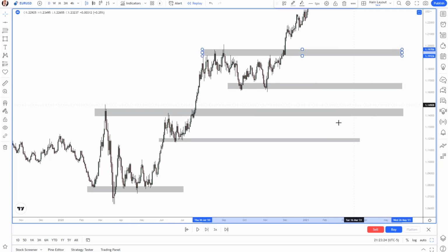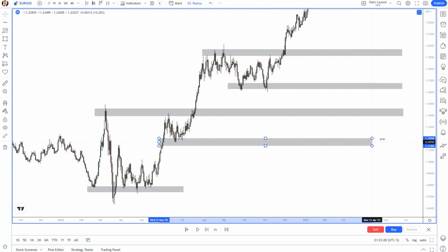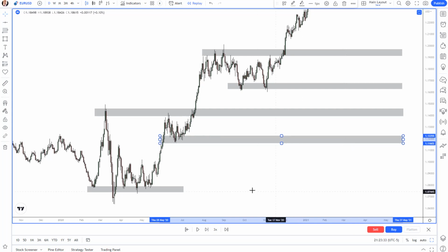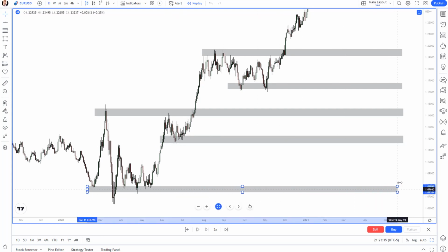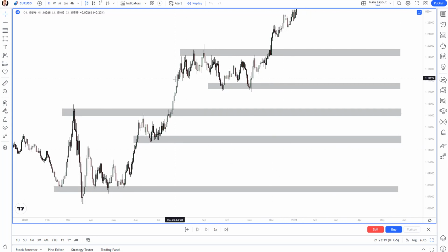Me personally, I would feel lost on what levels I should deem a true support or resistance, or else I'd be confused on where I want to buy or sell, because the market's always going to make big swings up, big swings down. It's always going to fluctuate, and from there you can draw these levels.